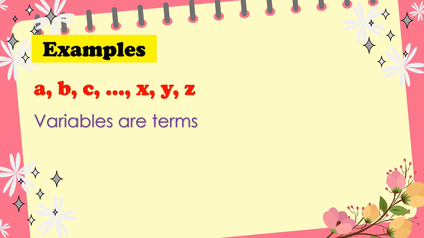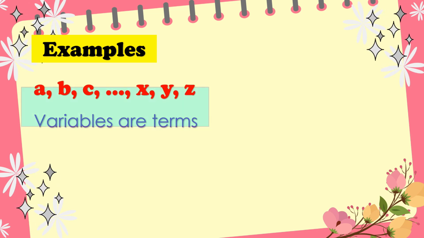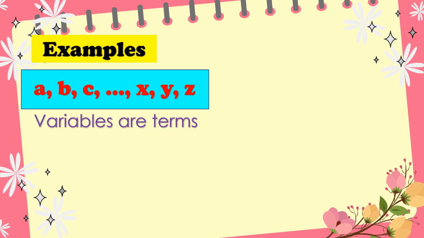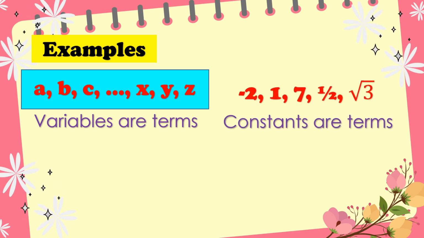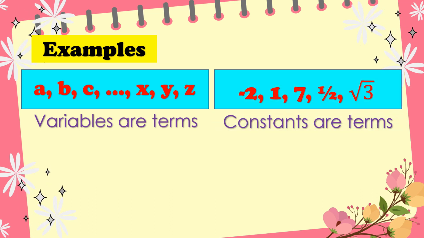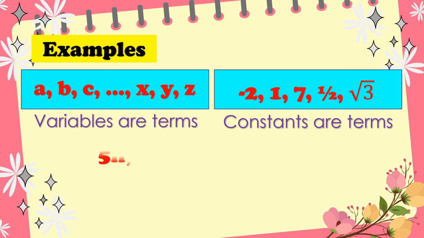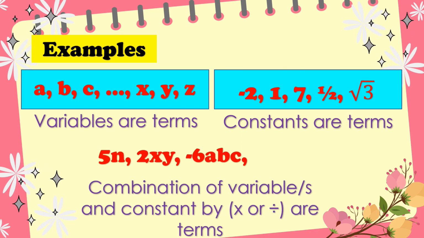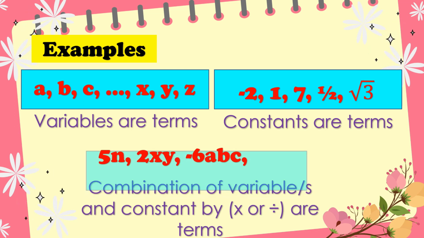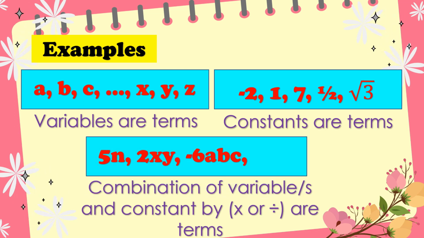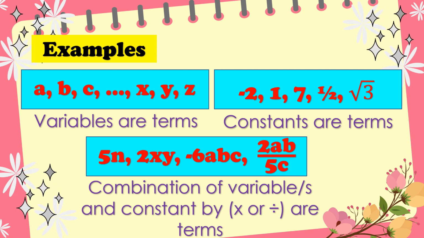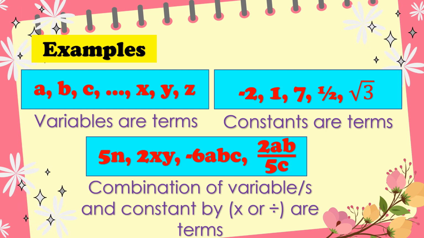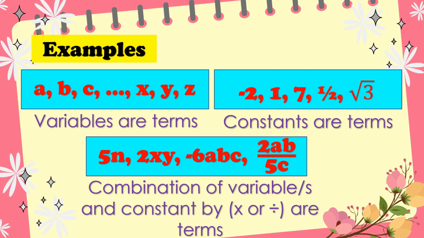Variables are considered as terms. They can stand alone, so they are considered as terms. And also, numbers, which are called constants, are also considered as a term. And lastly, when we combine variable and constant, they are also terms, because combination of variable and constant by multiplication or division are called terms.